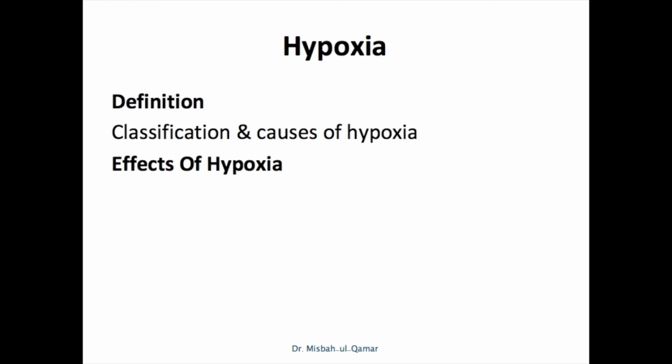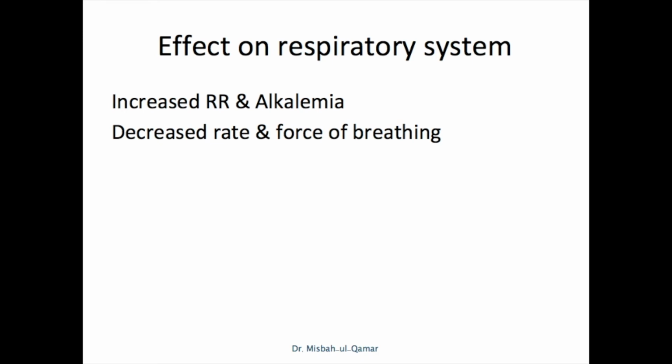The immediate effects of hypoxia, they are on respiration, central nervous system, blood, cardiovascular, and digestive system, also even on kidney. As far as the respiratory system is concerned, initially there is increased respiratory rate due to chemoreceptor reflex.